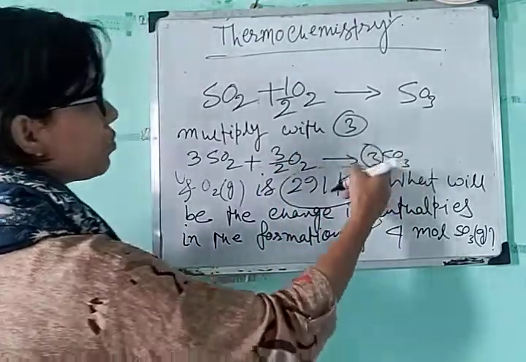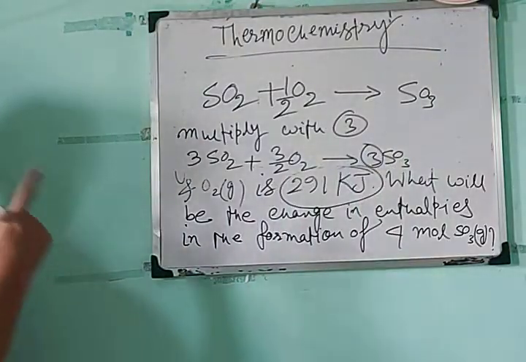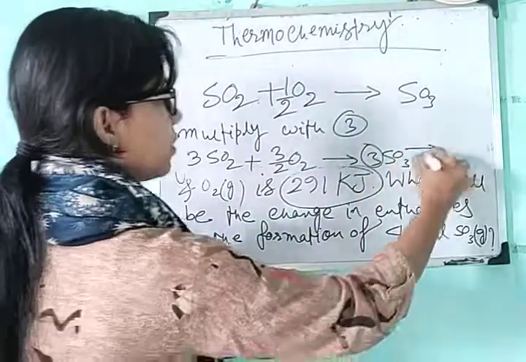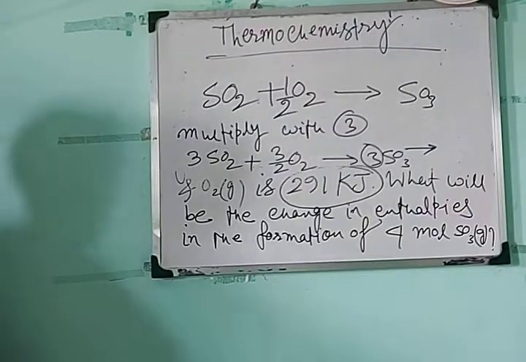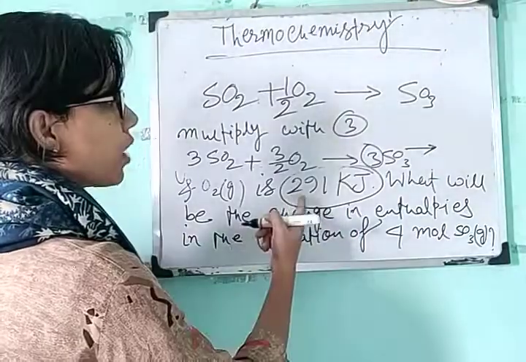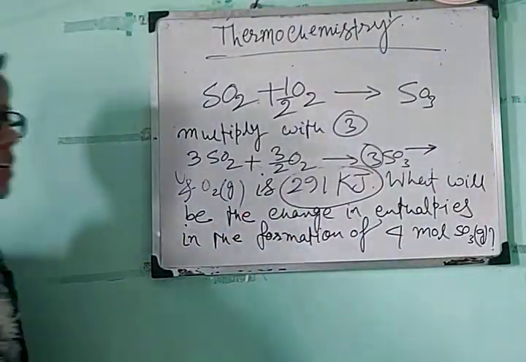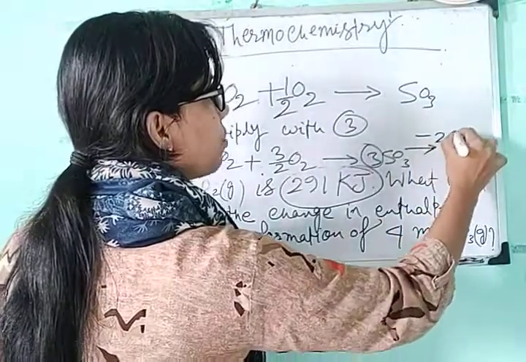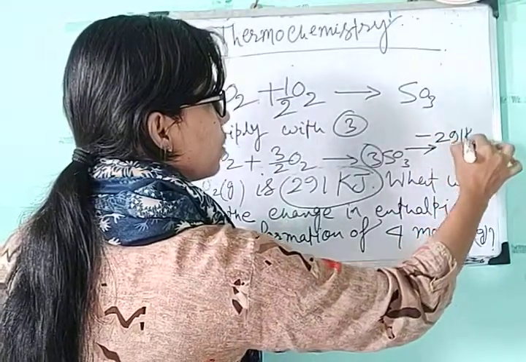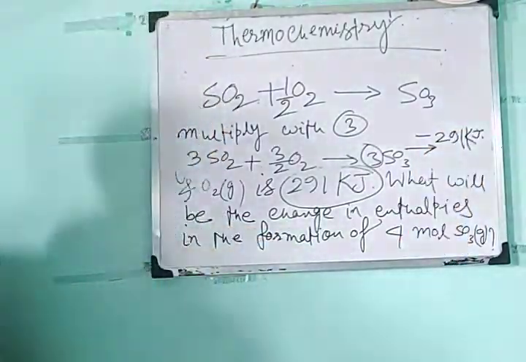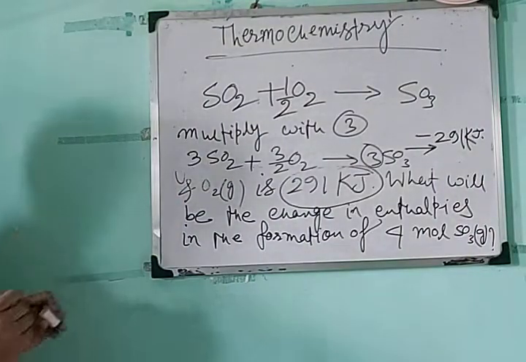Now you are getting 3 mole of sulfur trioxide, and for this particular reaction the value is given as 291 kilojoule, and as heat is released, you will write here minus 291 kilojoule for this particular reaction.